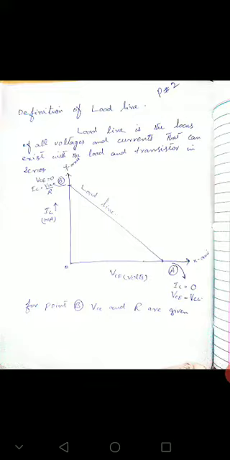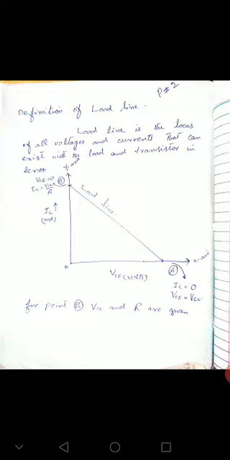These both intercepts on y-axis and x-axis are theoretically taken, because practically when IC is equal to 0, there is no chance of any potential drop from collector to emitter. But for 0 IC, we theoretically take VCE equal to VCC.